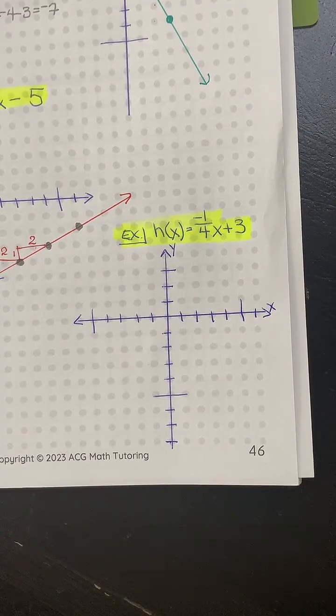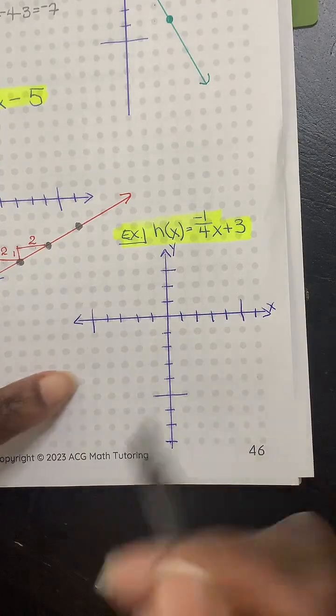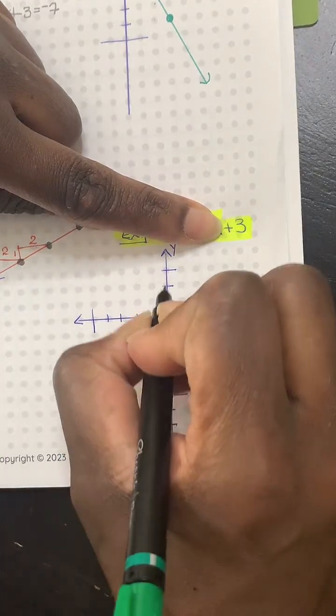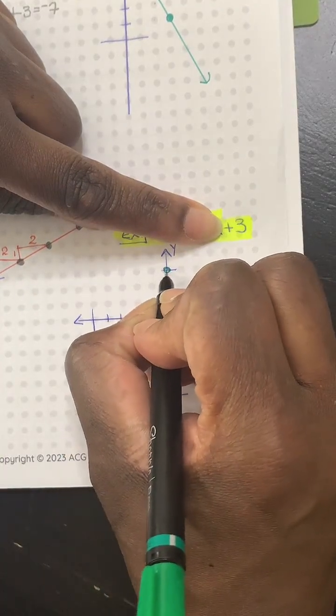Pretty is saying the y-intercept. Dolly's saying at 3. So are we assuming the 3 on the y-axis? Yes, and positive. Good. All right. So that means if I start here at 0, I need to come up to the constant, which is positive 3, put my first point there.